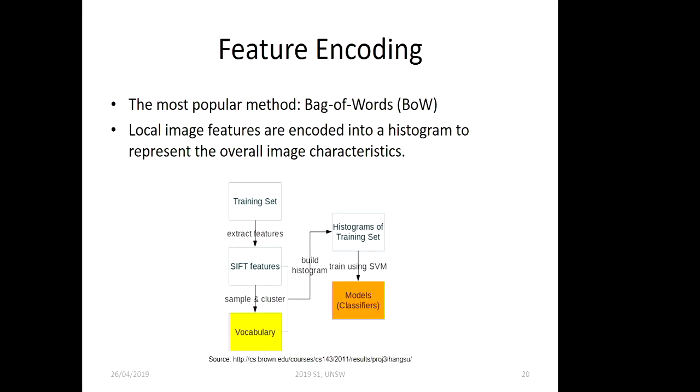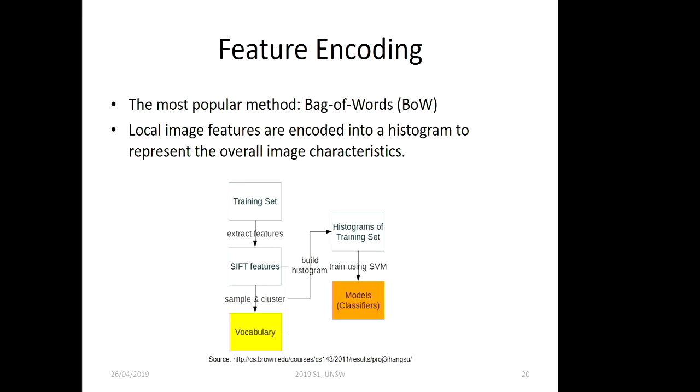So how do we do feature encoding? The most popular method is the bag of words. If you ever do natural language processing, it's a very important concept there. If you have a text, an essay, the essay is composed of many words, and if you want an overall representation of the text, you can count the number of occurrences of the different words in the text.